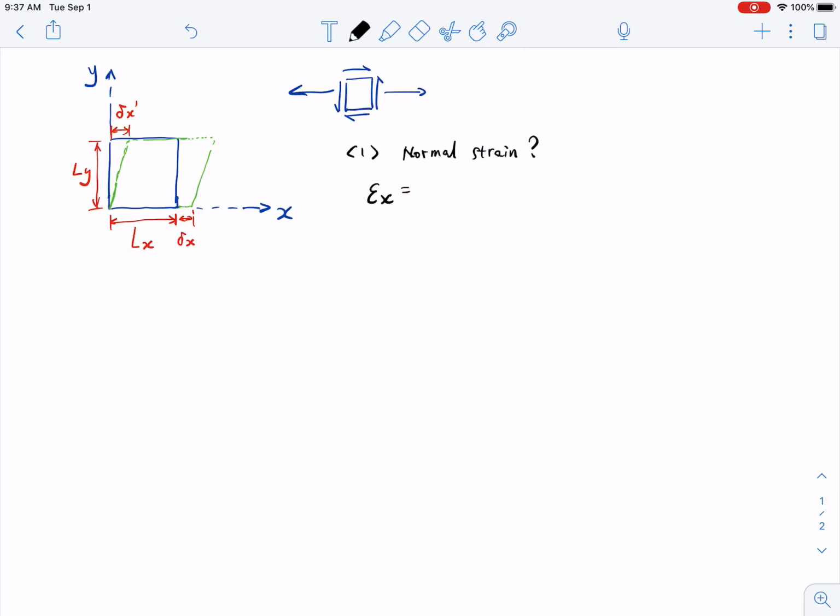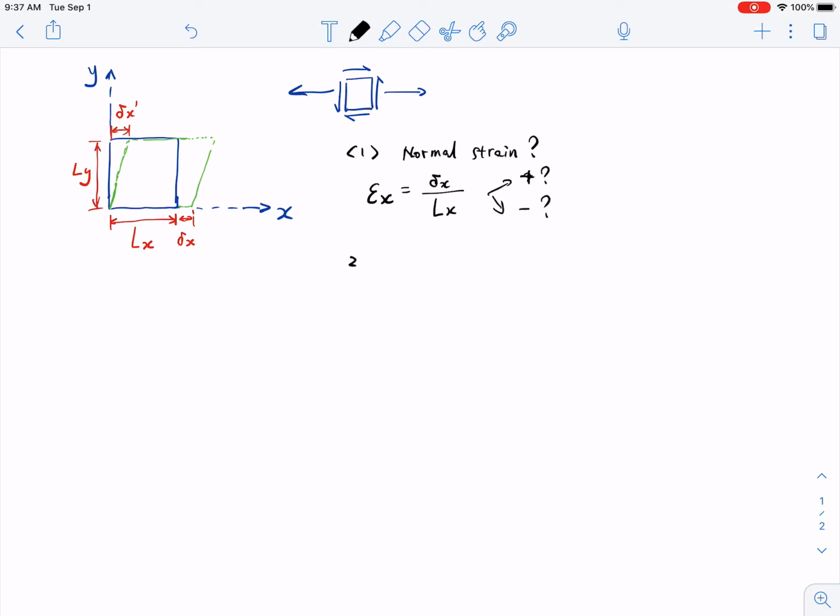The epsilon x will be the change in length along the x direction over Lx. So this is the normal strain, epsilon x, along the x direction. Is this positive or negative? Since it becomes longer, this is a positive normal strain.